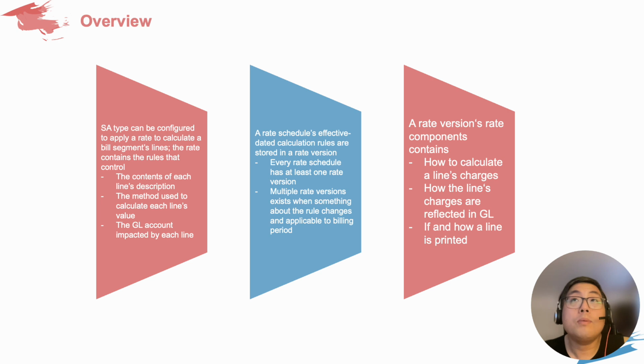Rate component is very powerful, and in this series, I mainly would just talk about the old version. So actually, there are two different versions of the rating engine. I probably just carry on with the rate component version because that's probably easier to explain, and that's actually what a lot of the utilities have been using.